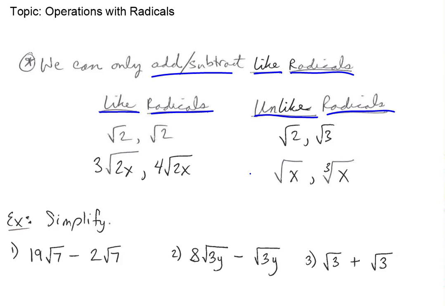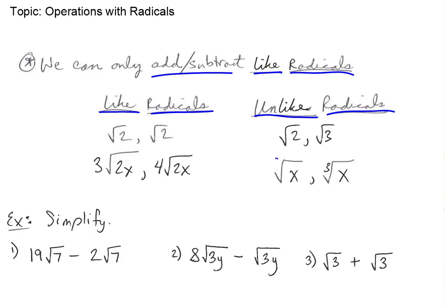Let's look across at an example of unlike radicals, though. Suppose we had square root of x and then the cube root of x. So here we're seeing that though the radicands, that is the expressions underneath the roots, do match in these examples, they have just an x, this time it's the index values that don't match.